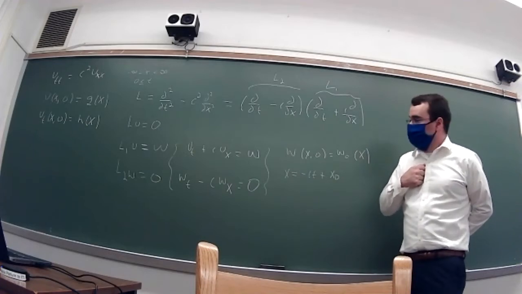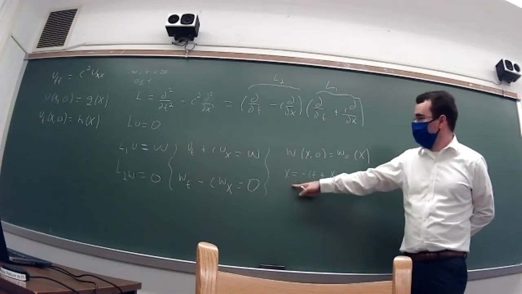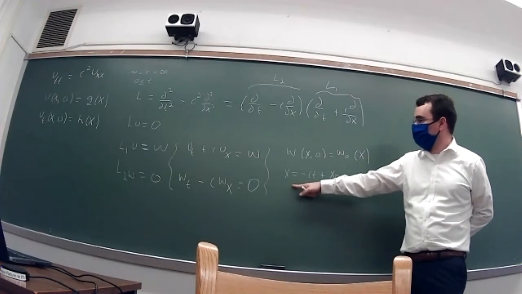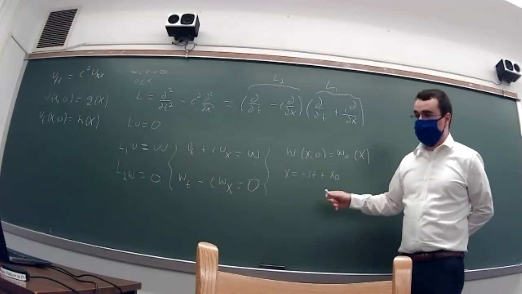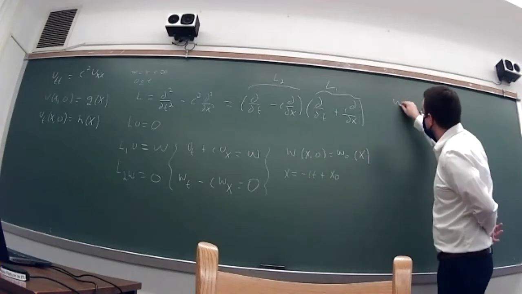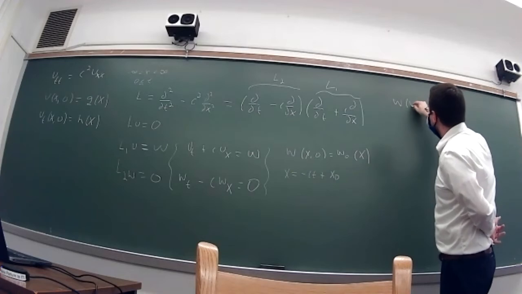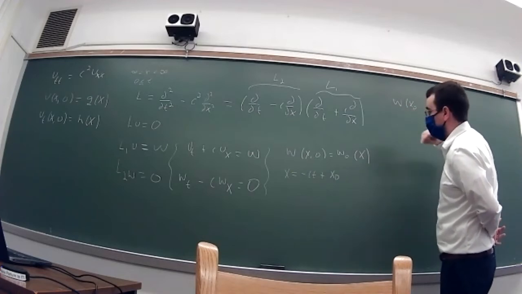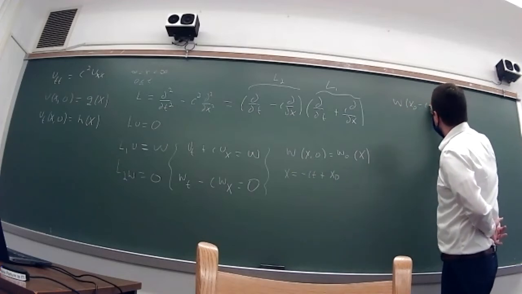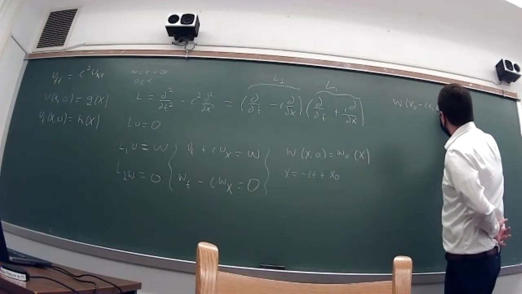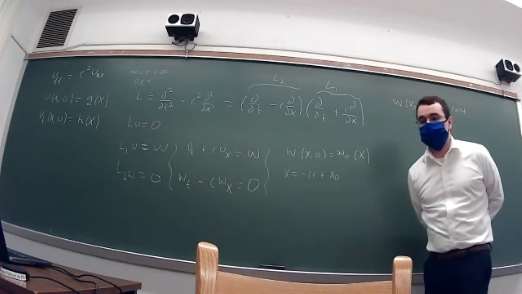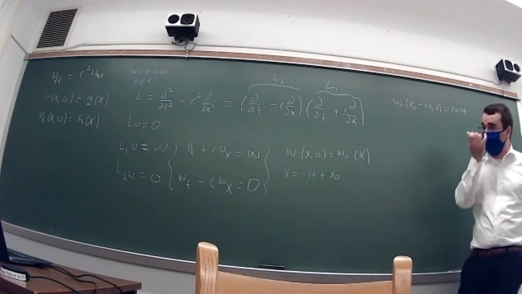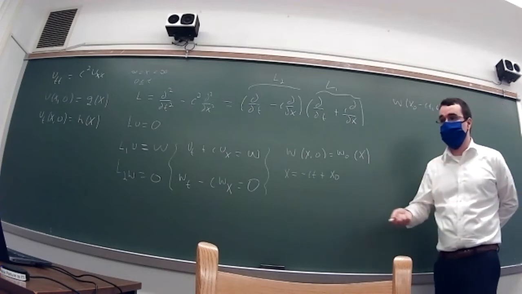So the next step is that when you plug x of t into w and take the derivative, that will be equal to 0. So in other words, w with the characteristic function plugged in, now as a function of t, must be a constant.